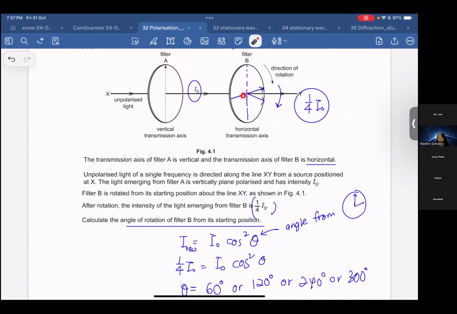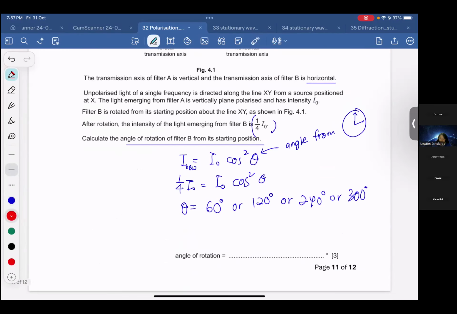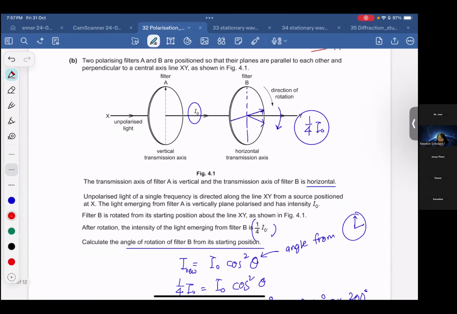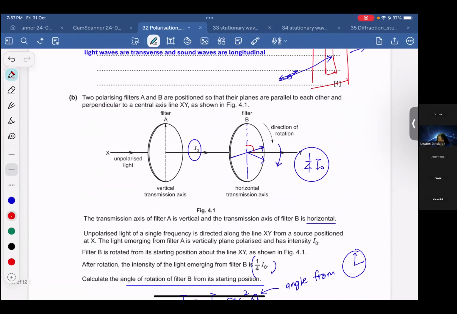But this is not our answer because our starting position already starts from 90 degree. So 60 degree is not our answer. Okay? Then 120, if 120, that means from here to here is 120.